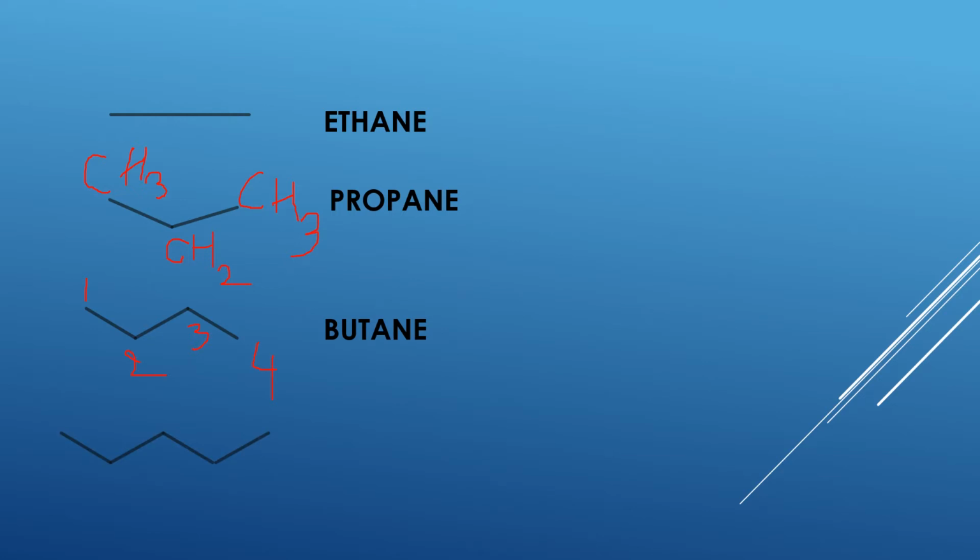Here again we count the number of carbons: 1, 2, 3, 4, 5. Total number of carbons here is 5 without any double or triple bond. So we write this compound name as pentane. 5 carbons are there, the root word is written as pent, and ane is the suffix. So pentane.